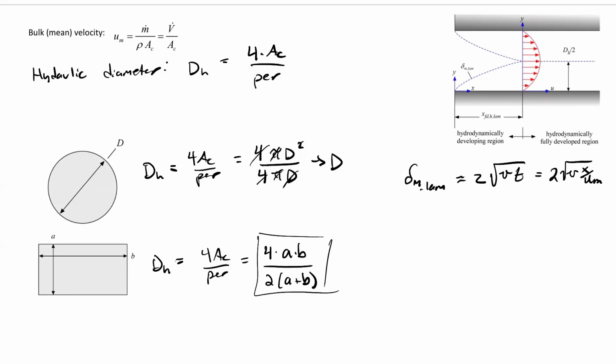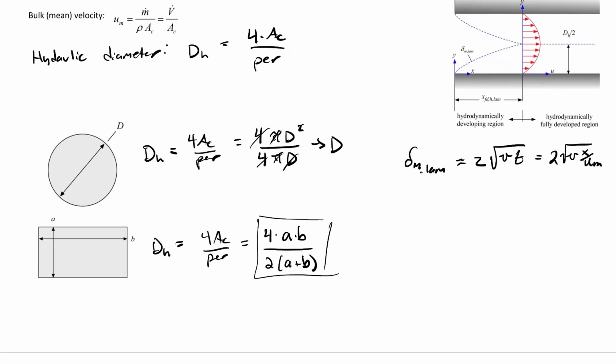So all we have to do is rearrange this, where we say we know that these things are going to meet in the middle. They're going to meet where delta_M laminar is D_H over 2. That's the thickness of the boundary layer. So that's approximately equal to 2 times the square root of nu times x, where now this x is actually x_FD,h, divided by the mean velocity.